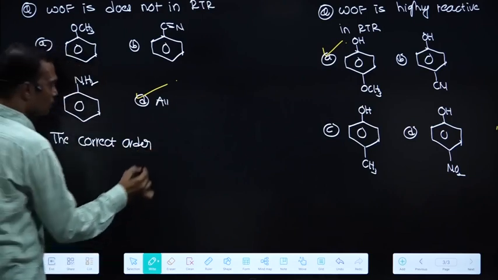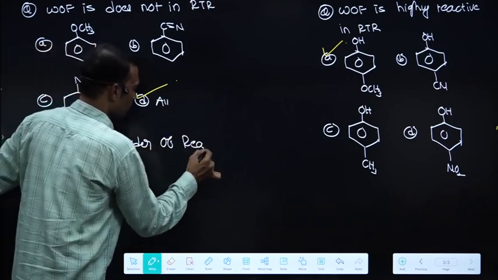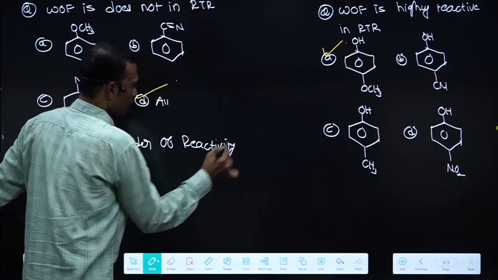See, the correct order of reactivity in RTR.